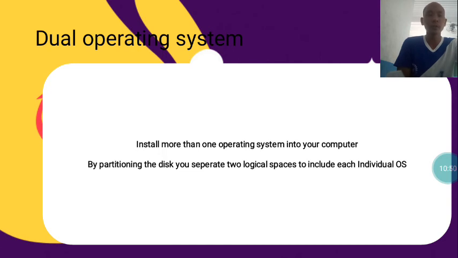Like for example, Windows and Mac, and then next Windows and Linux, and then next Windows 7 and then Windows 10. That is the example of dual operating system.